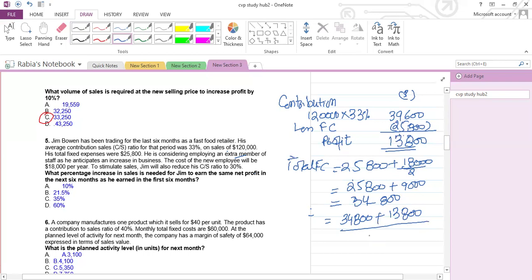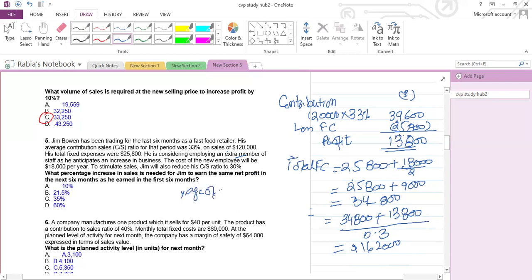He said your contribution to sales ratio is 0.3 now with the change. So you get 1,62,000 revenue. Now I want to get the percentage of increase.